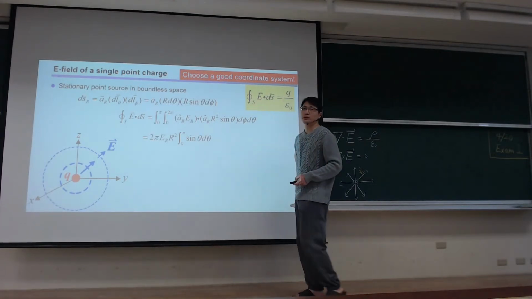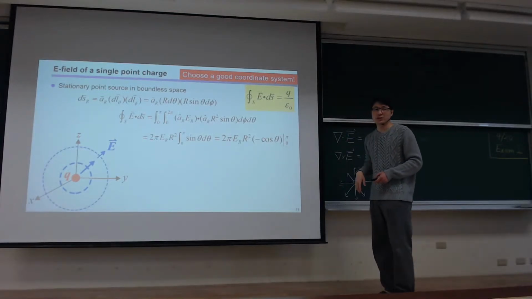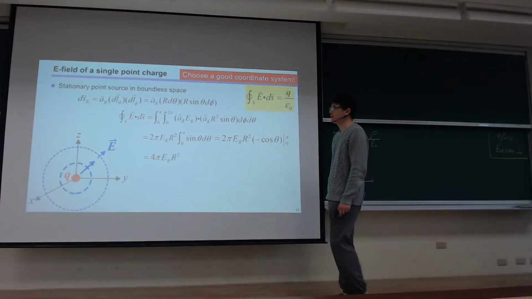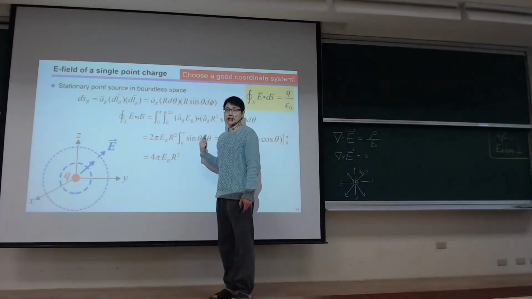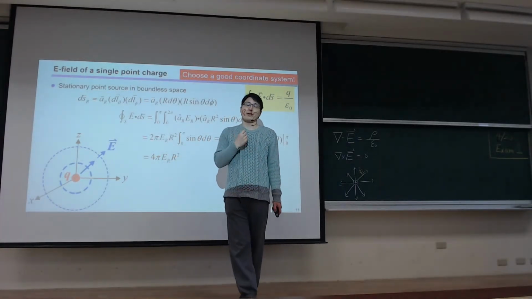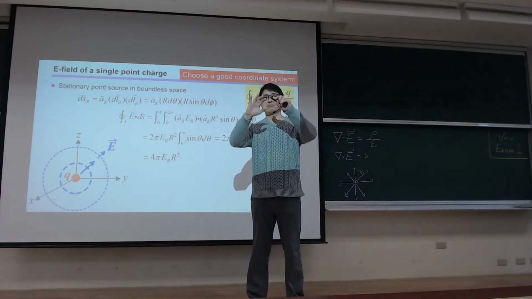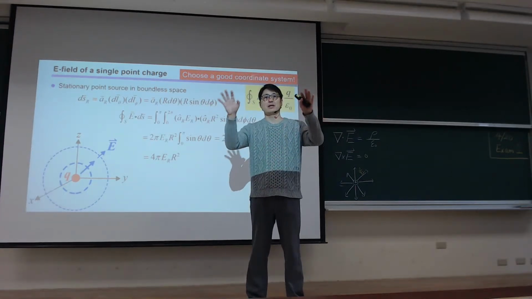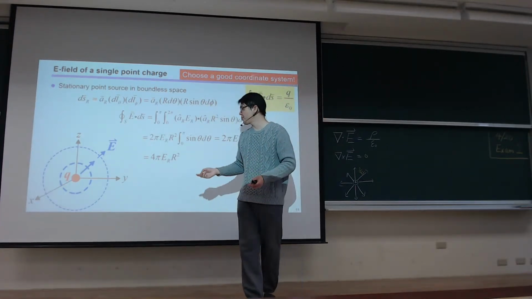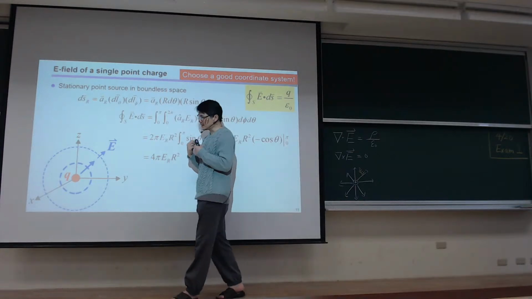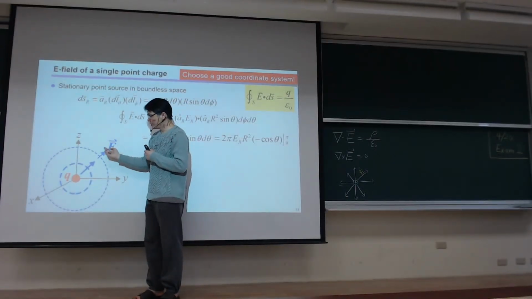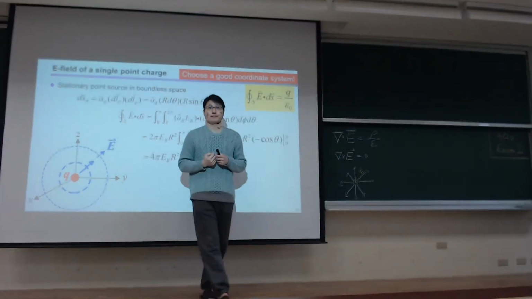And that you know how to do, so I'm just showing you the result. This gives you 4 pi r squared, something we're very familiar with. It's just the surface area of a sphere with a radius of r. And that r here means the distance from the observer to the charge.